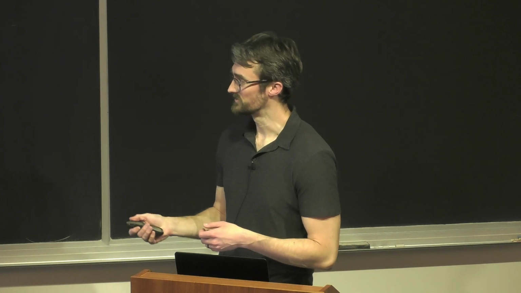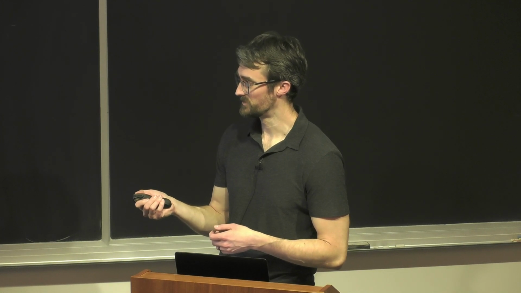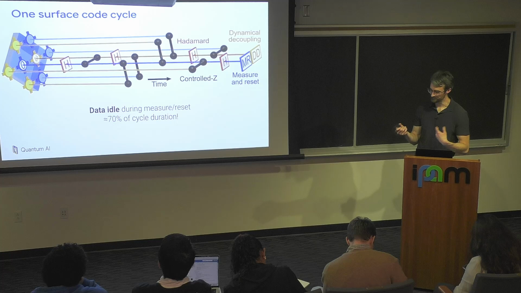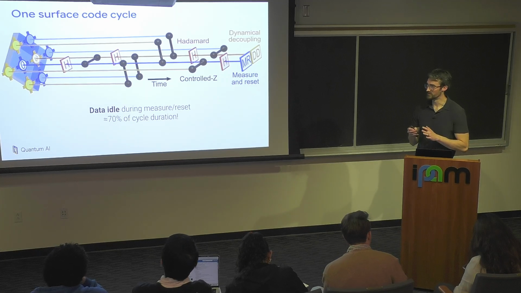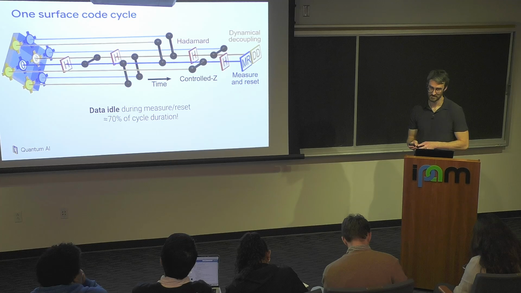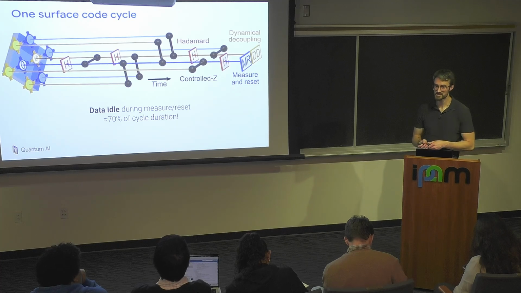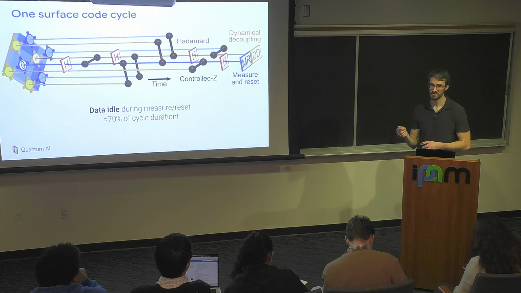If I, for example, think that an error happened to this qubit at the beginning of the circuit, instead of doing anything about it, which by the way is a hard thing to do, that type of fast feedback is technically challenging. Even if I had the ability, I don't have to. And the reason I don't have to is I can keep track of the errors that have happened, and I can use that to update my interpretation of future measurements.